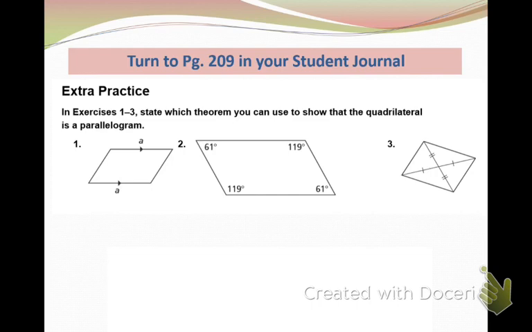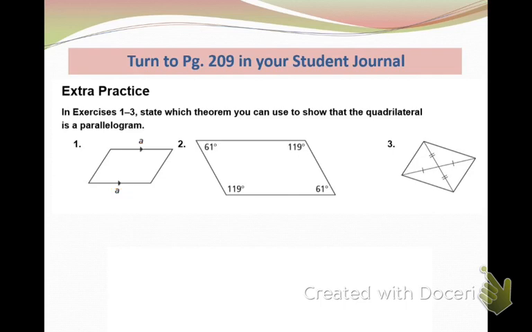In exercises 1 through 3, state which theorem you can use to show that the quadrilateral is a parallelogram. In number 1, all we're given is this is an A and this is an A. Because they're the same letter, they are the same length. Also, we're given this triangle, which means they're parallel.